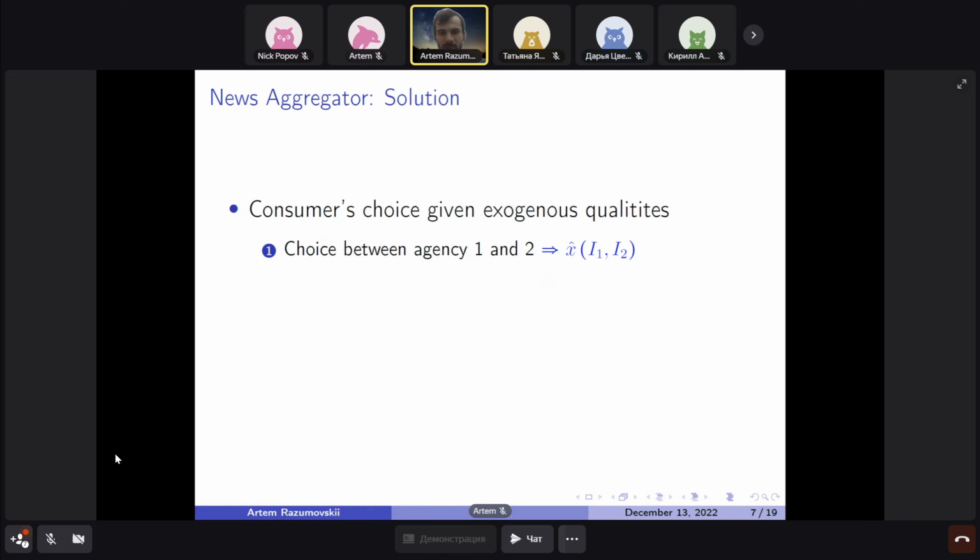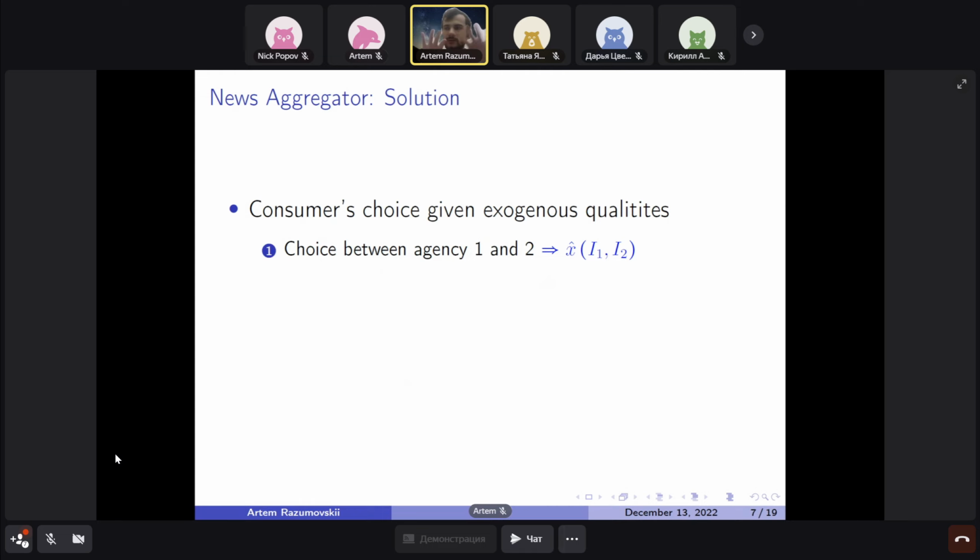So then we can divide agents between two markets. But in that case, we are not talking about the two sides of the market, right? We are talking only about consumers. Before you had buyers and sellers, so you needed to divide between two markets, buyers and sellers. But here we have only readers.